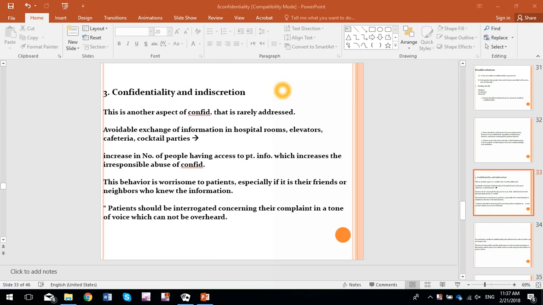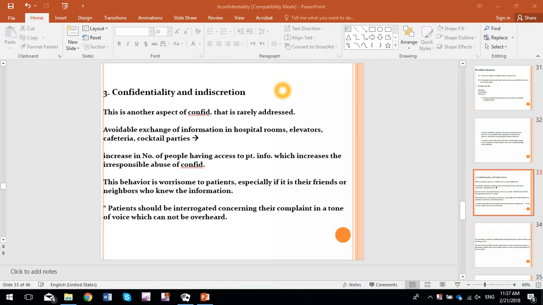It is the avoidable exchange of information in hospital rooms, elevators, cafeterias, cocktail parties, and the like. You go up in the elevator and find two people talking about patient X, saying we found this and this and this, and we do not realize that we are revealing confidential information unintentionally, but this is what is called indiscretion.